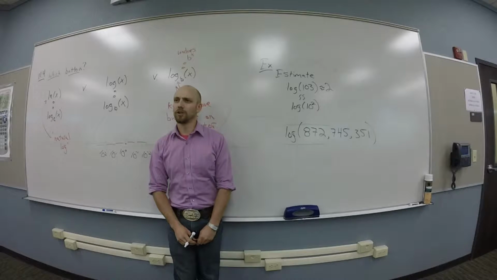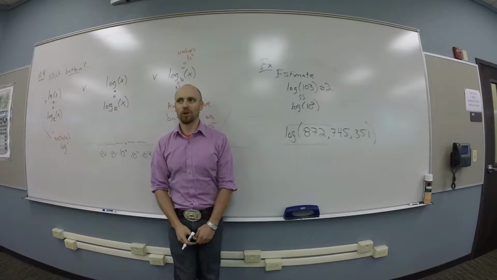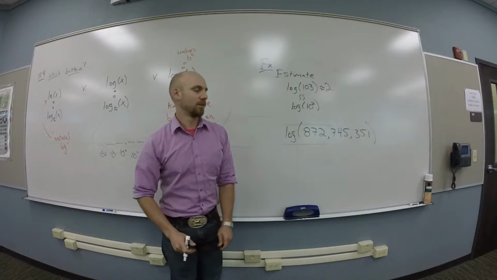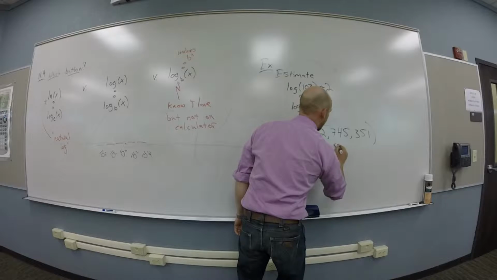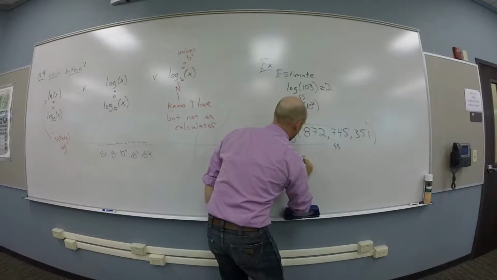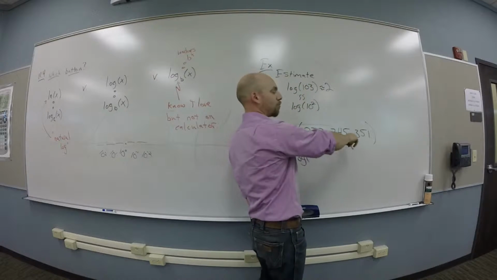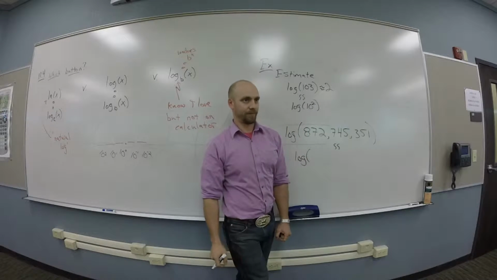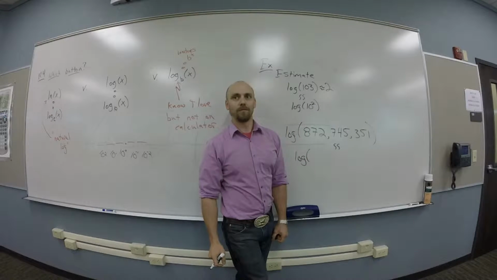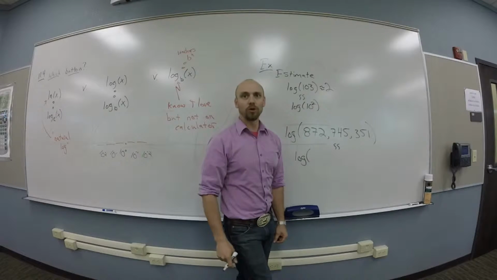You guys know scientific notation yet? I definitely remember it. Should we recall that a little bit? So let's think about this as log of, what does this thing more or less start with? 8 or 9. Yeah, maybe closer to a 9, right?